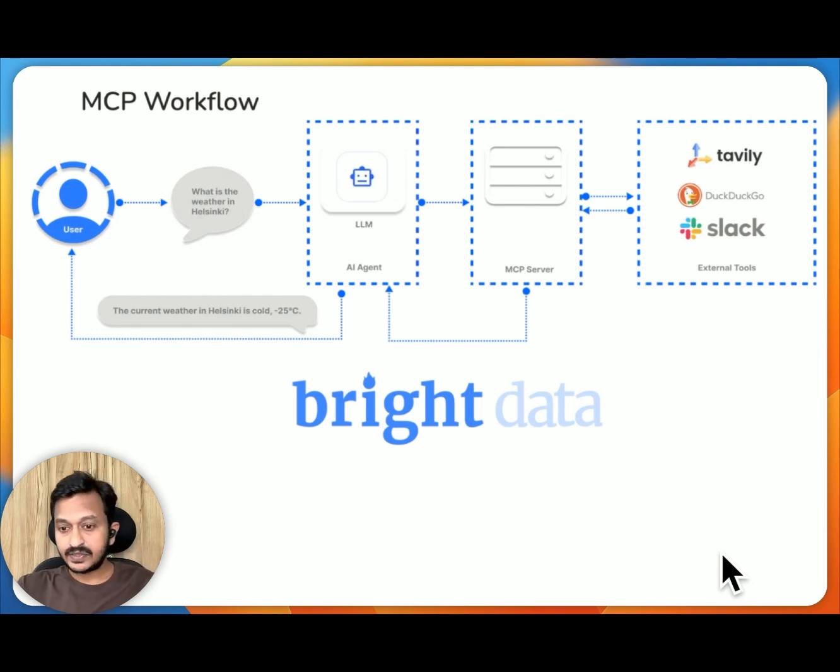This is especially valuable for developers building AI agents or autonomous tools, real-time research platforms, data pipelines for LLMs, and scalable AI-powered and agentic applications. Bright Data is an all-in-one platform for proxies and web scraping. So let's see how we can create a web search agent using Google ADK and Bright Data MCP and see how the whole MCP works through this simple demo.